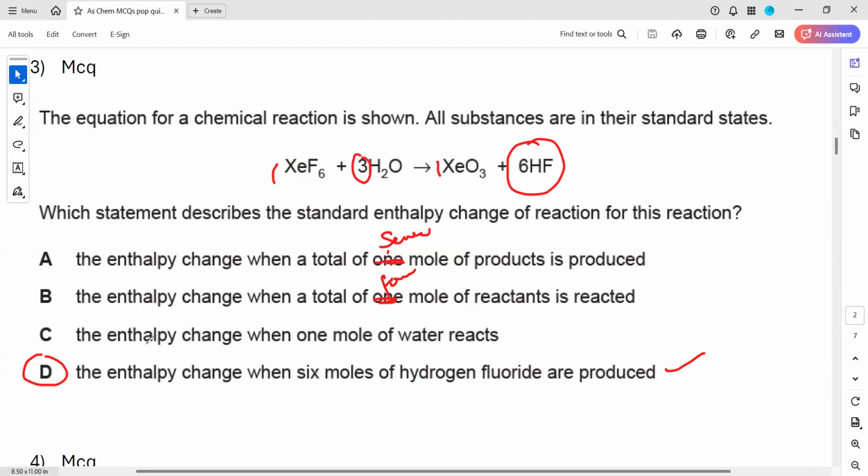And then C would be correct if it said the enthalpy change when 3 moles of water react. So we are left with option D as the right answer. Is it clear? So you have to check the equation and accordingly you will answer.